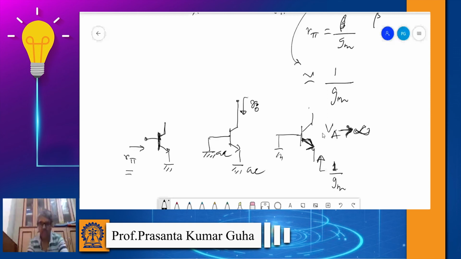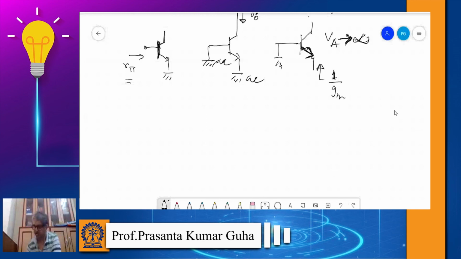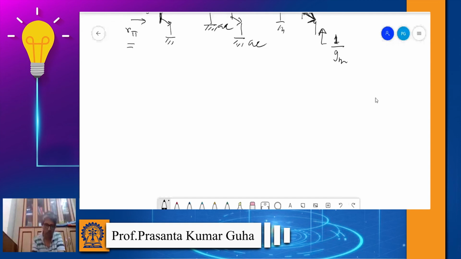Now the last point I would like to mention today before we close this session is these amplifier topologies. We can have many different configurations. For example, as the BJT is a 3-terminal device, we can get different amplifier topologies.